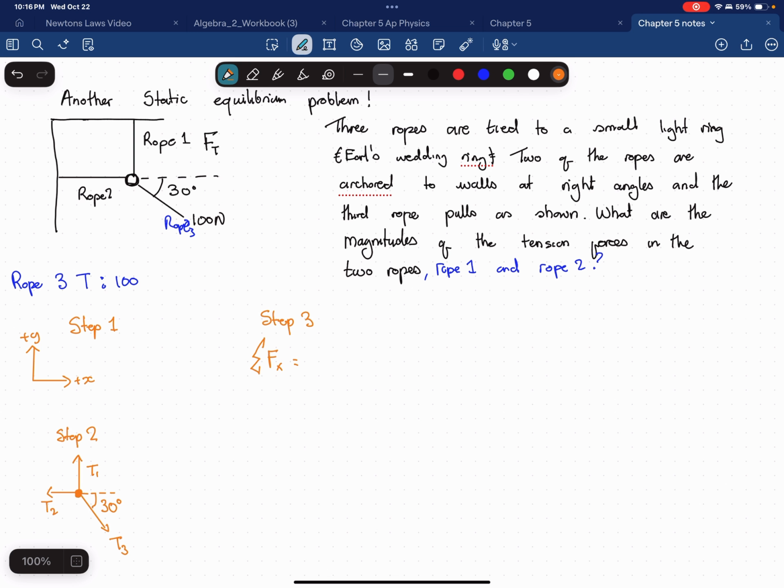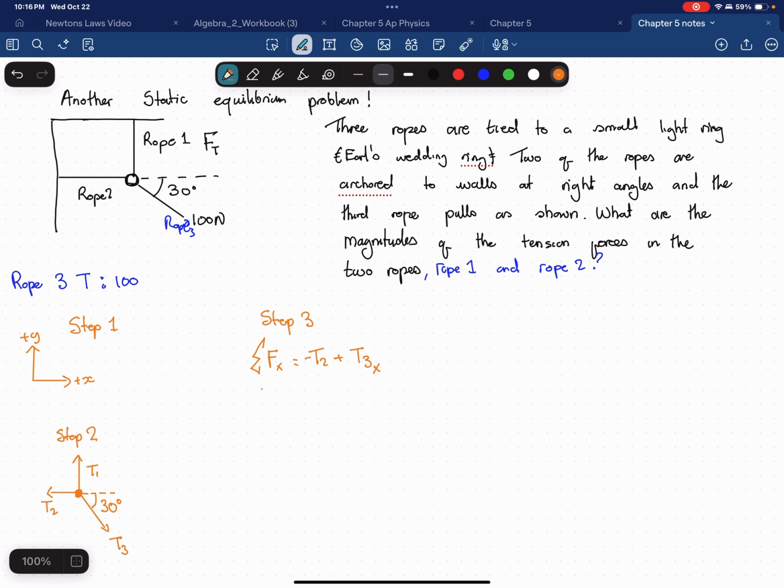So we have T2. That's minus T2 because it's pointing opposite to the positive side. And then we also have the x component, positive T3x, the x component of the T3 vector.